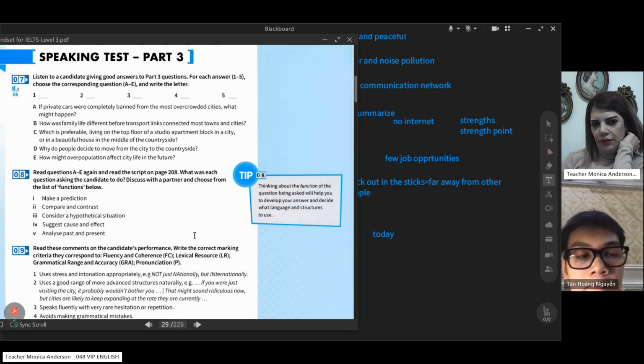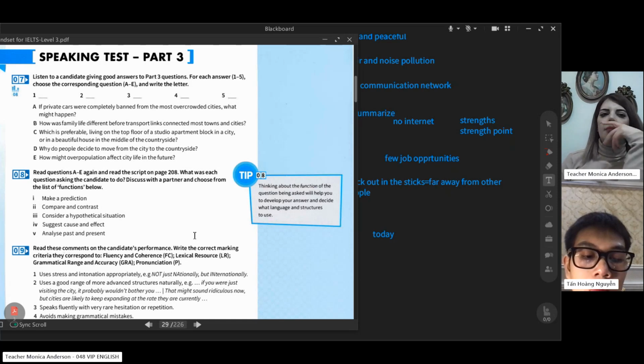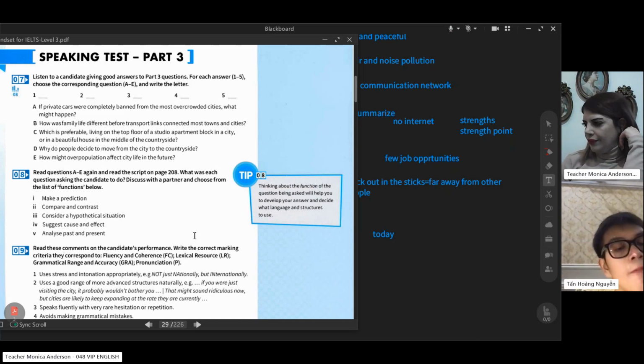Answer 3. Oh, I think that would be a bit of a disaster, to be honest. Insisting that everyone uses public transport could create more problems than currently exist. Fine, if you were just visiting the city, it probably wouldn't bother you too much.